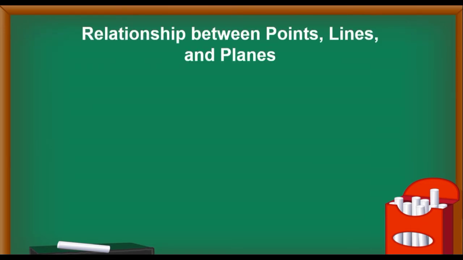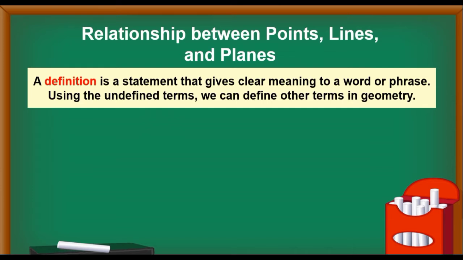So, let us now identify the relationship between points, lines, and planes. Since natandaan na natin or nalaman na natin sino ba yung points, sino ba yung line, at sino ba yung plane, so ano naman yung mga relationship niya sa bawat isa? So, a definition is a statement that gives clear meaning to a word or phrase. Using the undefined terms, we can define other terms in geometry.